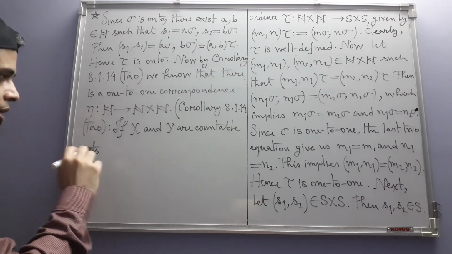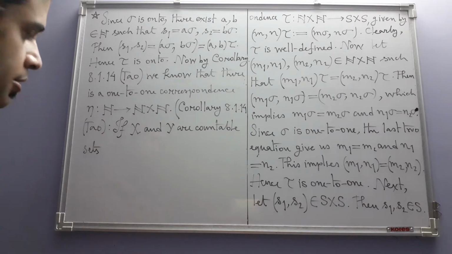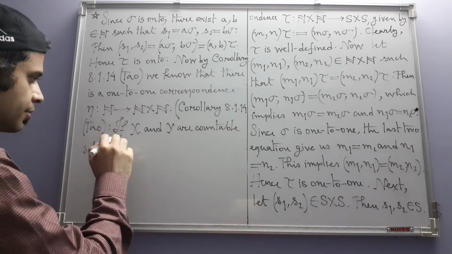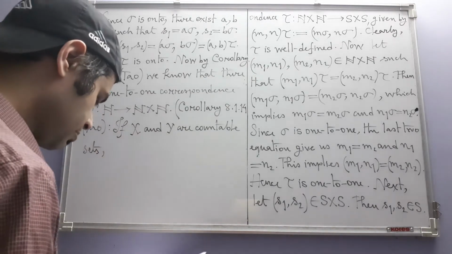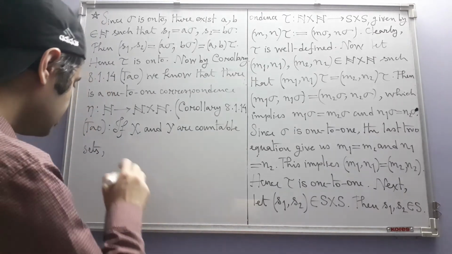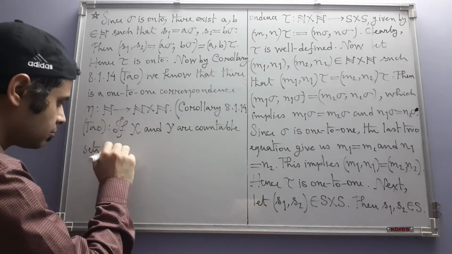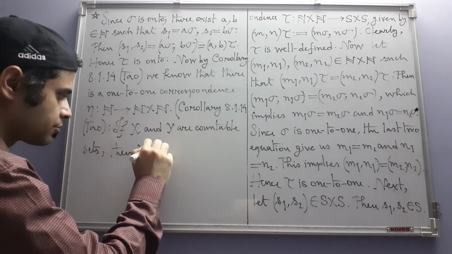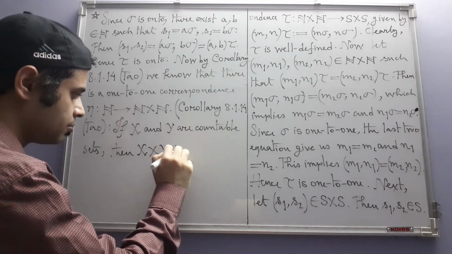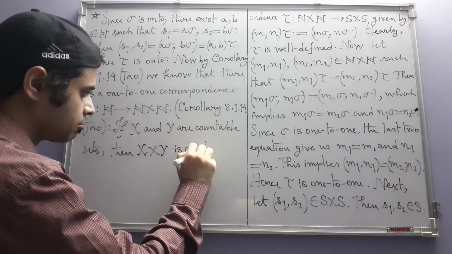The actual statement does not say sets specifically. If x and y are countable sets, then so is their Cartesian product. Then x cross y is countable.